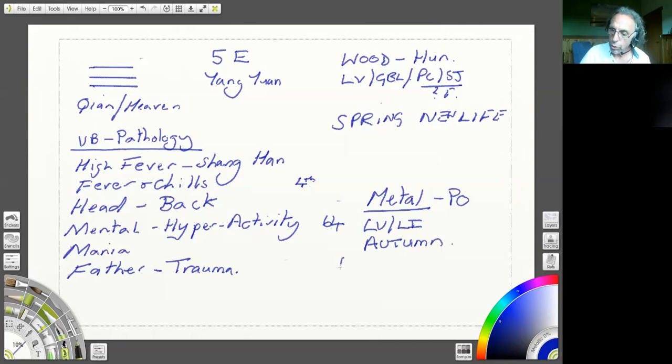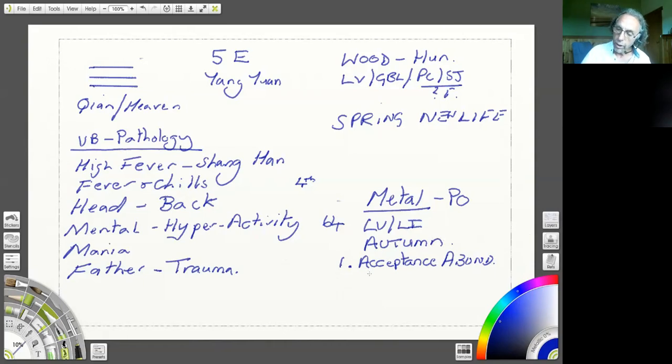So the first quality of autumn is acceptance of abundance. And the abundance is the preceding seasons of spring, summer and late summer that have produced all the fruit and the food, and it's come to the stage of autumn.